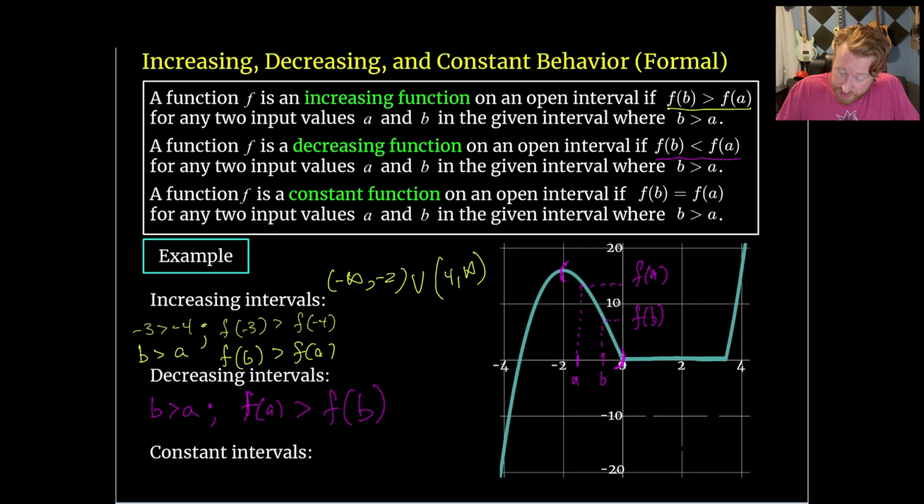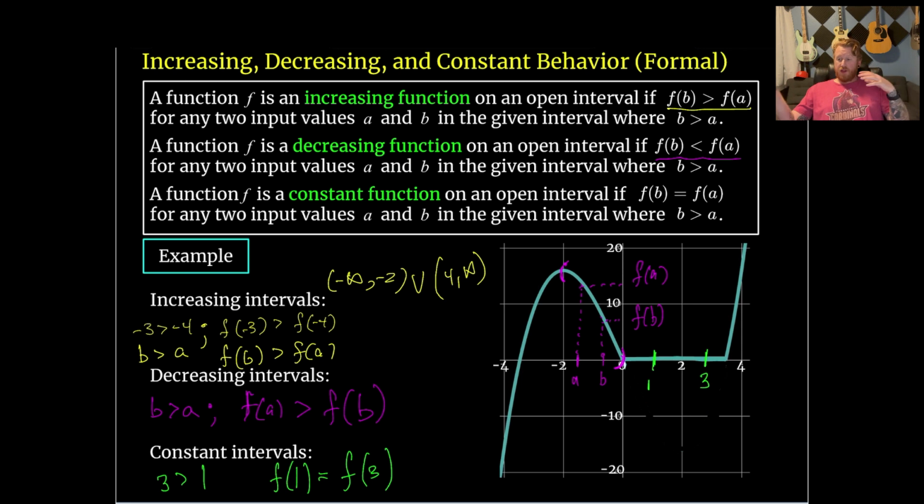And then lastly, on this last interval here where things are staying the same, we can pick any two values there as things are getting larger. So here's 1, here's 3, to use some examples. So 3 is definitely larger than 1, but here we have that f of 1 is equal to f of 3.